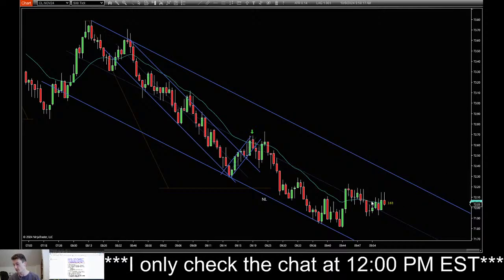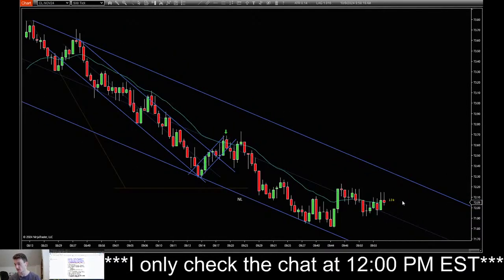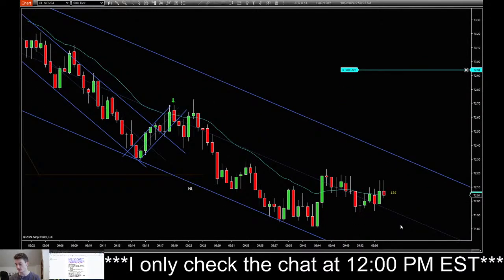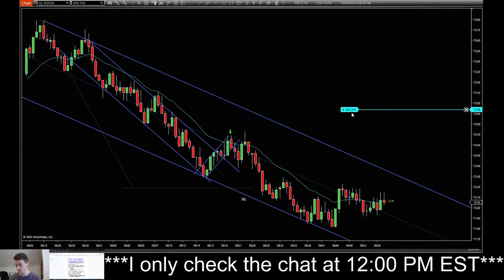You do make a new low here, so say first entry, possible second entry short here. Definitely a potential. Price is still kind of holding below the EMA there. Looks like they're in a downtrend.